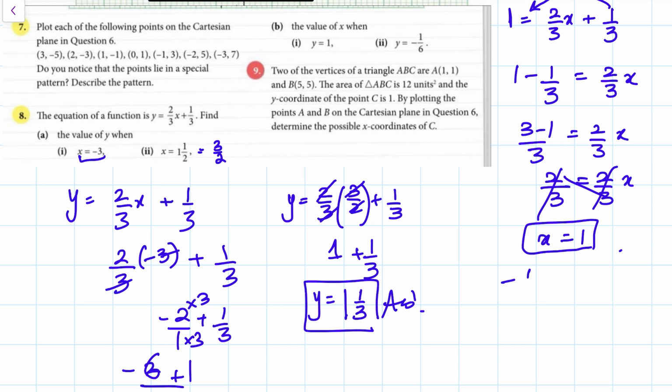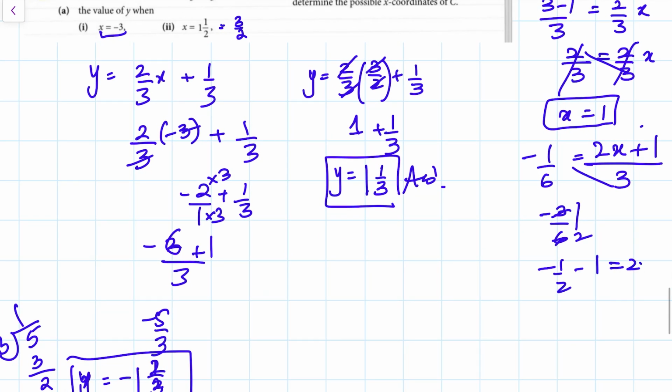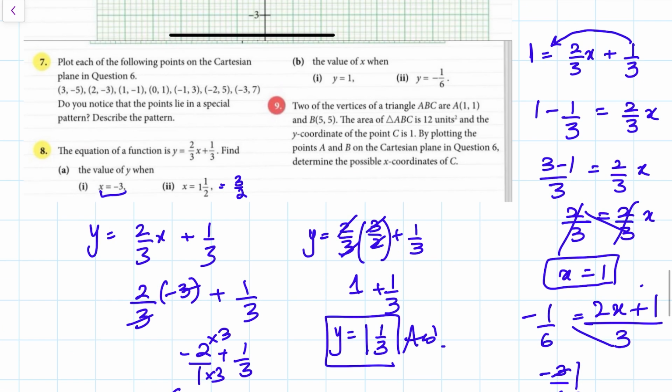When it's minus 1 upon 6, one way of doing it is you take the entire LCM and then cross multiply. Minus half, minus 1. If you don't understand the calculations, you can discuss. Now this was part 2. This is part 1.